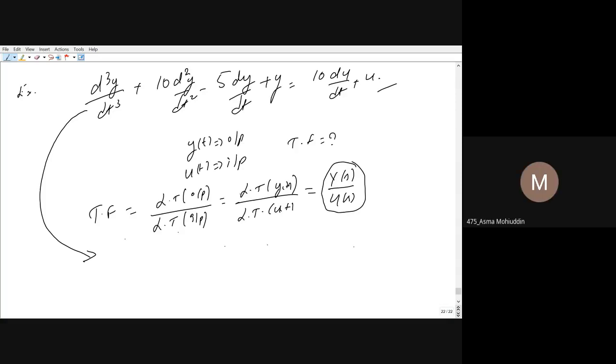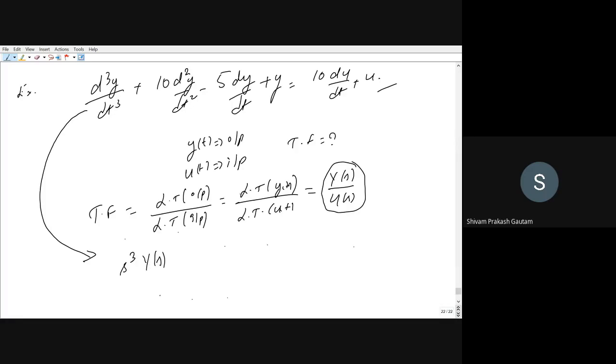Yes, sir. So the Laplace transform of d3y by dt cube is s cube y(s).